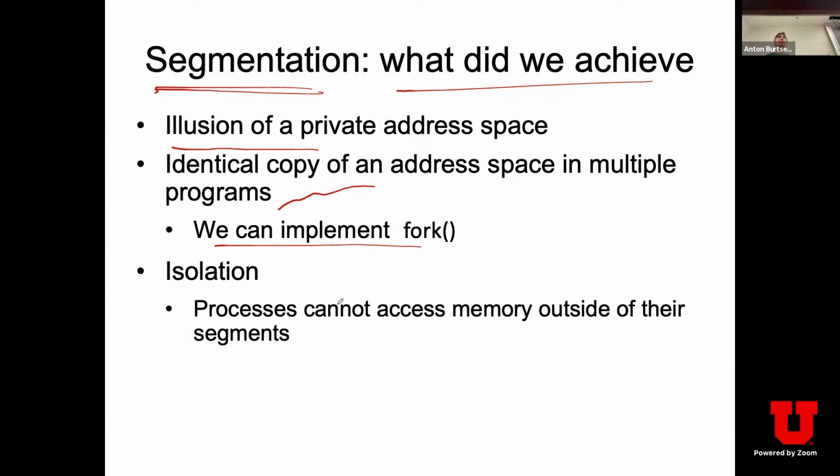Same for the code, same for the stack. The addresses will make sense because you don't have to patch every pointer. A pointer which points into the data section will remain valid. That's how you build fork. All the variables are the same just because you literally copied them. And we achieve this property of isolation.